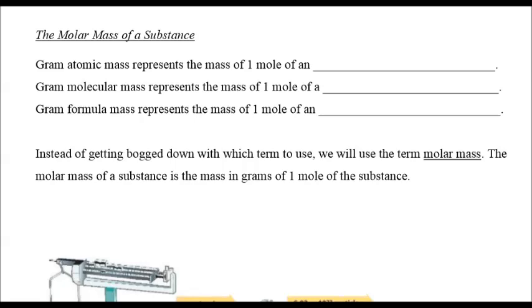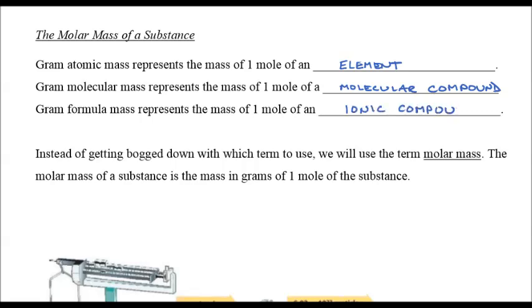Gram atomic mass represents the mass of a mole of an element. Gram molecular mass represents the mass of 1 mole of a molecular compound. Gram formula mass represents the mass of 1 mole of an ionic compound.